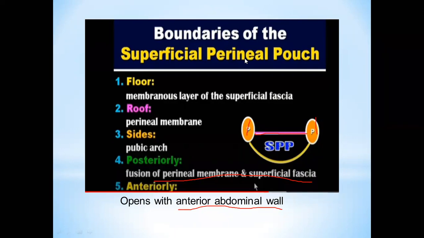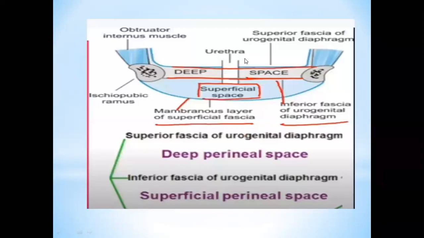Yes. And the contents of the superficial perineal pouch are a little different in male and female, but they are counterparts. In males, the main content is the root of the penis.